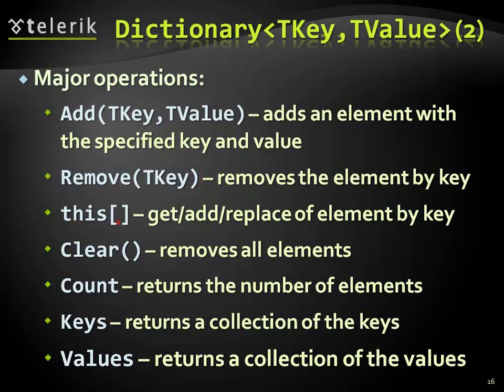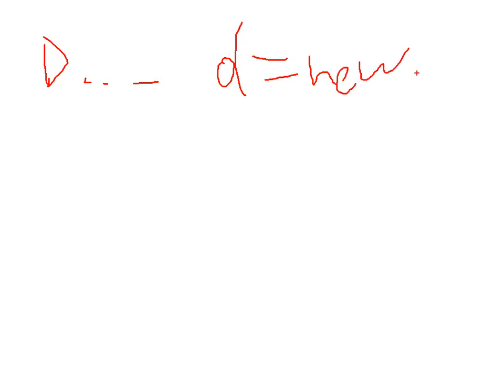When you see this type of construction, it means if you have a dictionary which is called, for example, D, and it's a new dictionary of something.